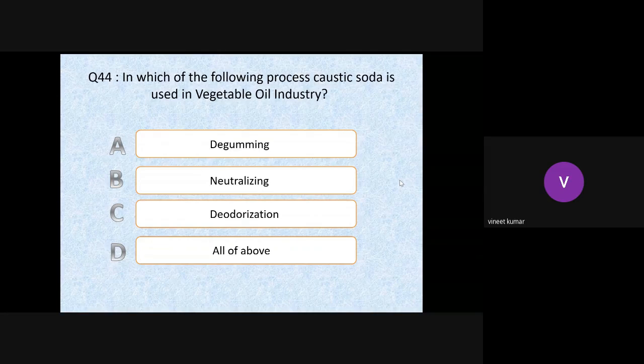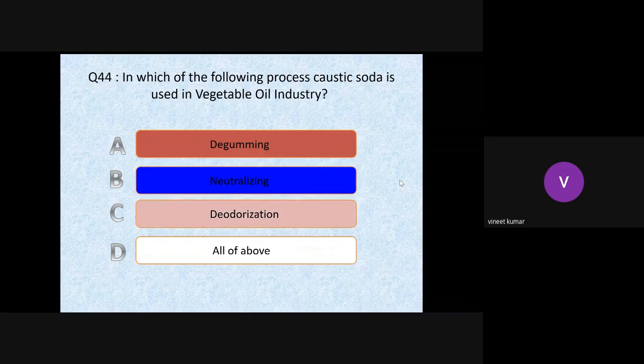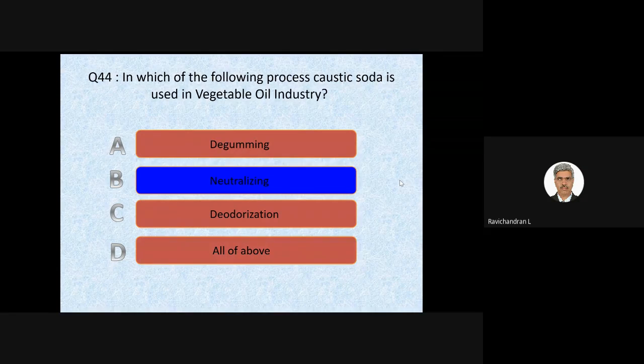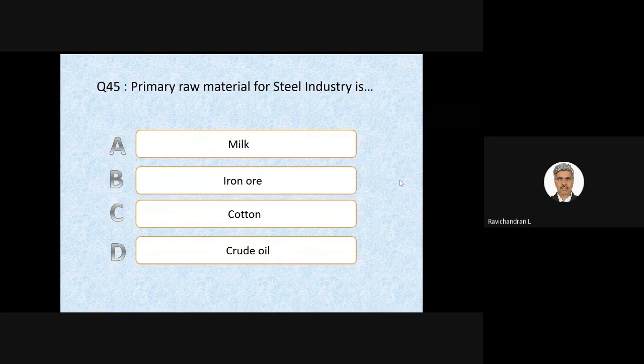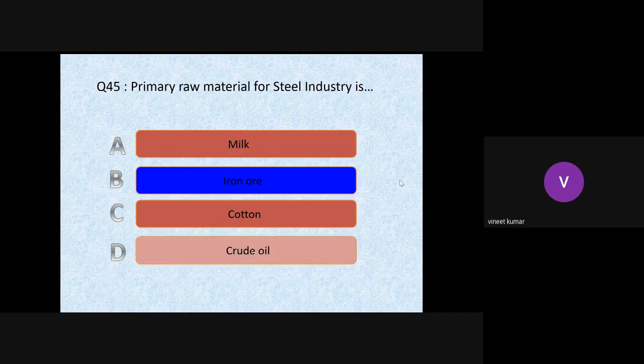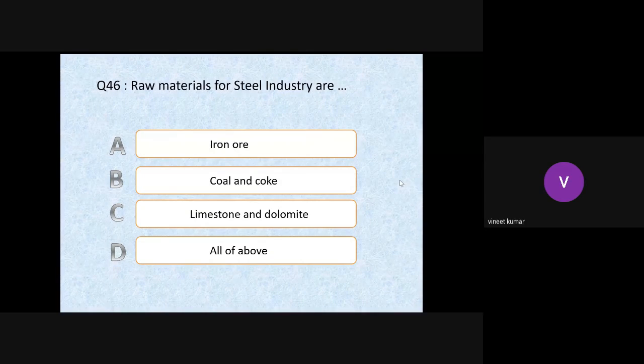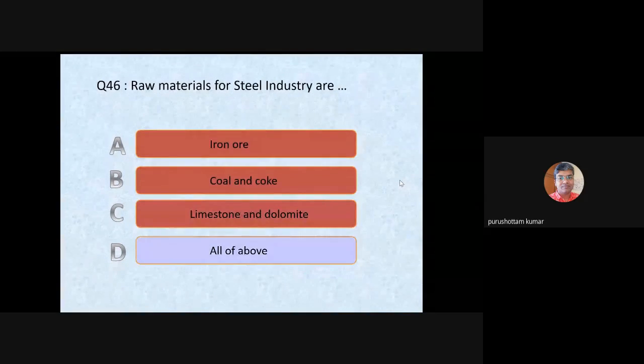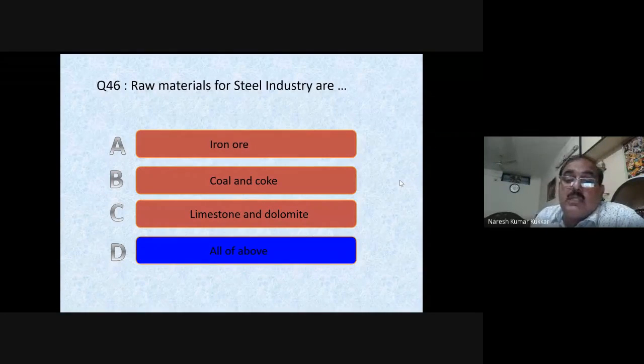D. B. B. D. A. Okay. In the steel industry, iron ore is the basic thing, coal is used for coking, and limestone and dolomite are used to purify.